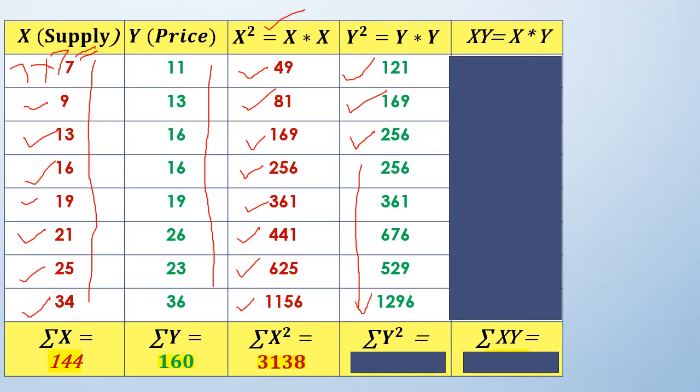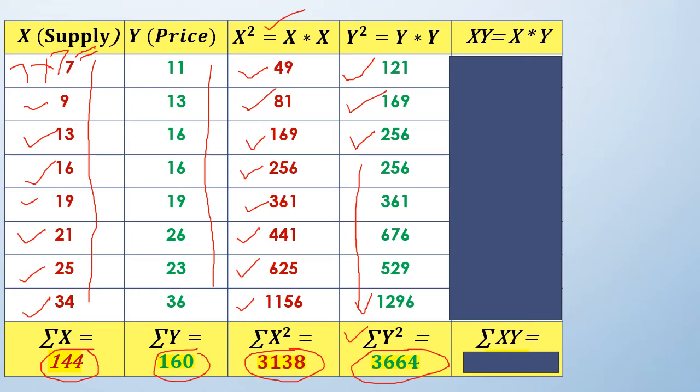Calculate the other numbers also, and summation y square is equal to 3664. We take the sum here. You can also check this with your calculator.